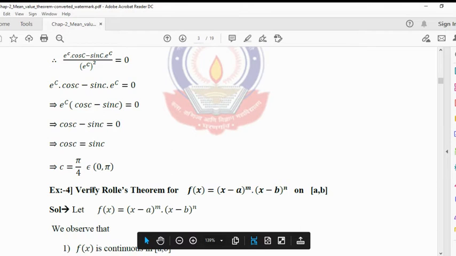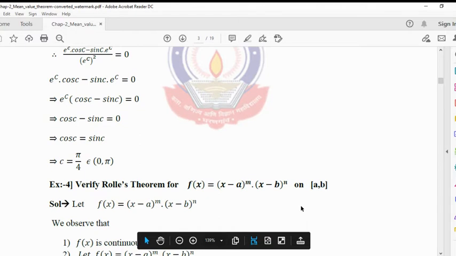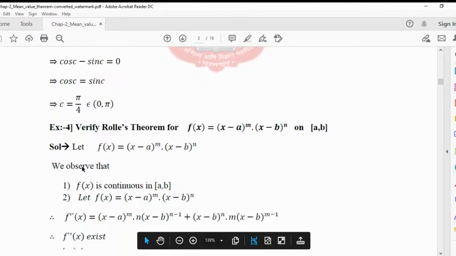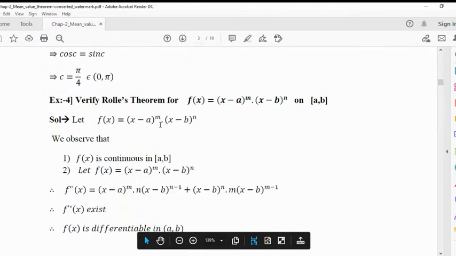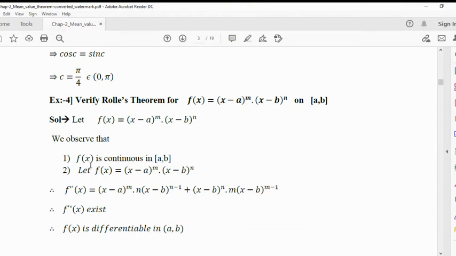Now the fourth example: verify Rolle's theorem for f of x is equal to (x minus a) raised to m and (x minus b) raised to n on the closed interval ab. This is the given function. Clearly, this is continuous on the closed interval ab. What about f'(x)? We have to find the derivative of this. Use the u into v rule.